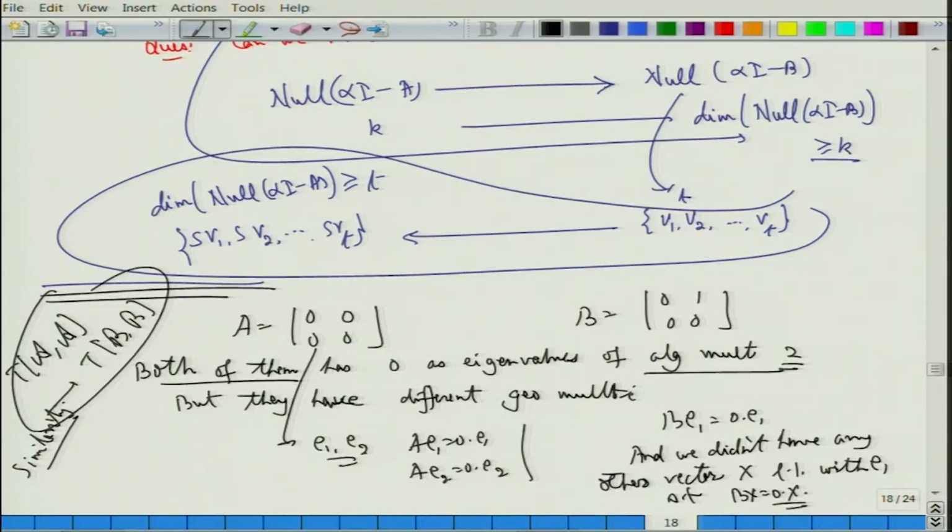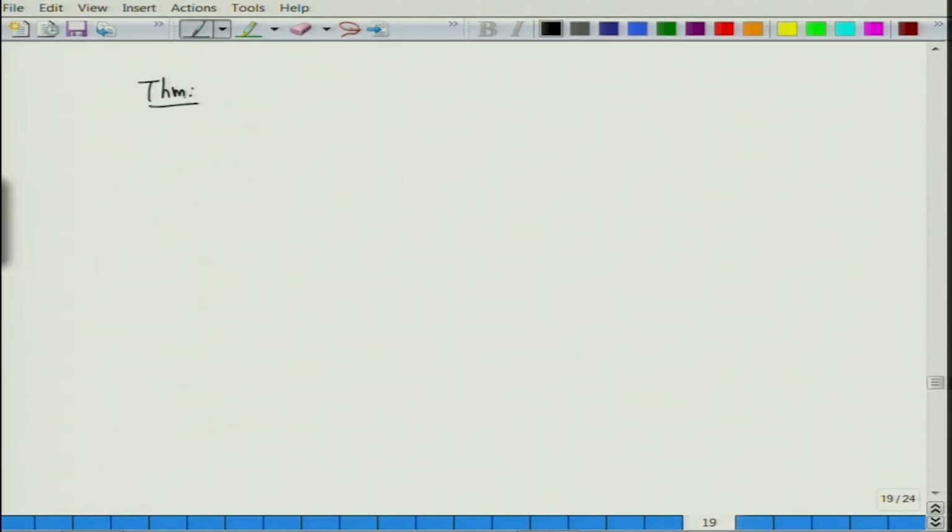As the last thing in this lecture, I would like you to understand this theorem, and I want you to understand the argument here, because a similar argument will be used at different places also.